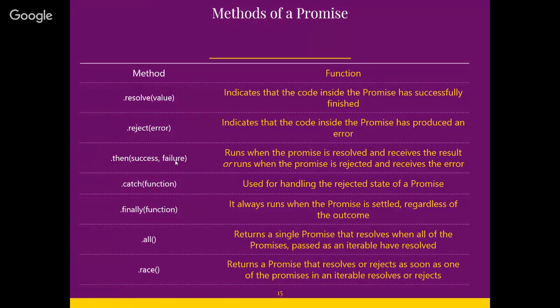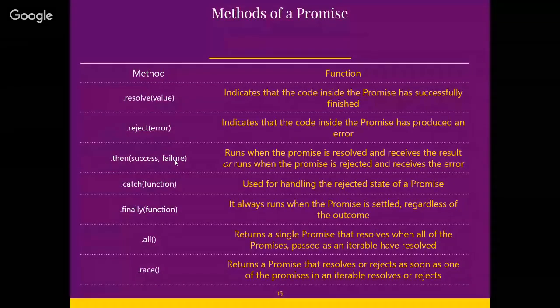The all method will attempt to resolve all of the promises inside of the iterable, and once all of them are successfully resolved, it returns a single promise with the value. If, however, one of the promises is rejected, the all method stops them all and returns the error of the first promise that has rejected.